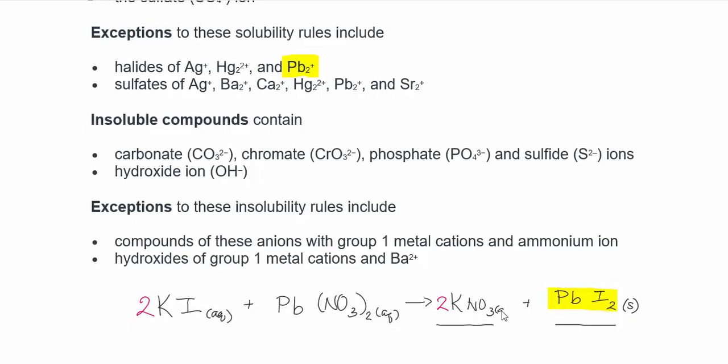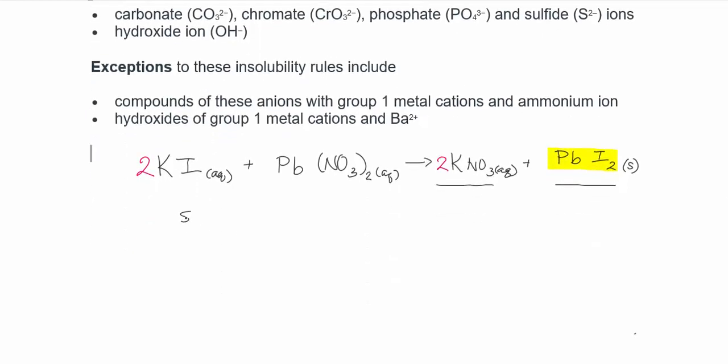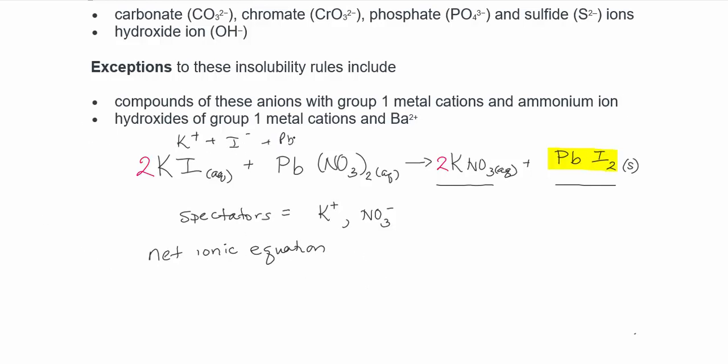So my spectator ions, the ones who are still stuck in the soup, are potassium as the cation and nitrate as the anion. The net ionic equation is going to be the net of what happens. If I wrote out the complete ionic equation here, and I crossed out, well, now I broke that apart.